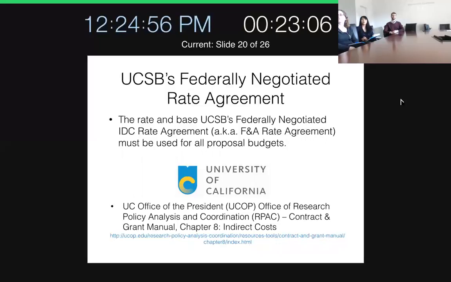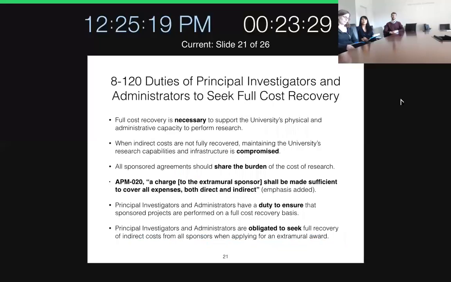The RPAC office maintains the campus-wide contract and grant manual, which has a whole chapter on indirect costs that they just updated, I think on Monday or Tuesday. And it's great because it's actually readable now, so you can follow it pretty easily. So I've again listed the link there if you want some light reading in your free time. But essentially this is the point that I wanted to make out of the whole thing.